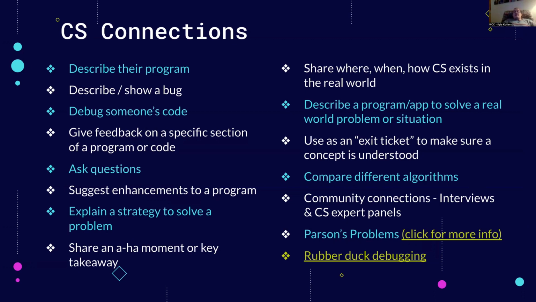Give feedback on a specific section of code. And again, Tyler, I'm asking this: can you go into the student's program and, in a code sense, add comments into their code, or do you put comments in a separate place that they would have to go in and add?